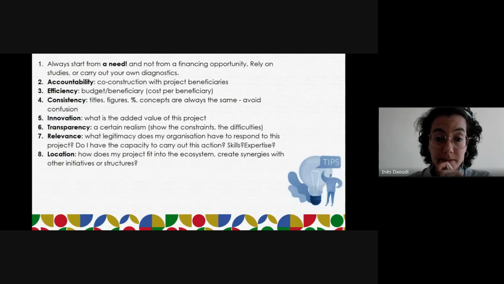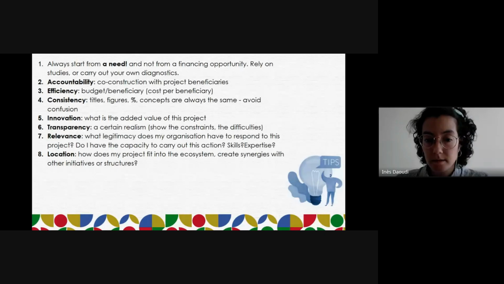And last but not least, the location. Location is also very important for donors because it will show that your project fits into the ecosystem, especially if you can create synergies with other initiatives and structures. Either public structures, as I said a bit earlier, if your project is about education, maybe the Ministry of Education is already implementing a policy that you could work with.